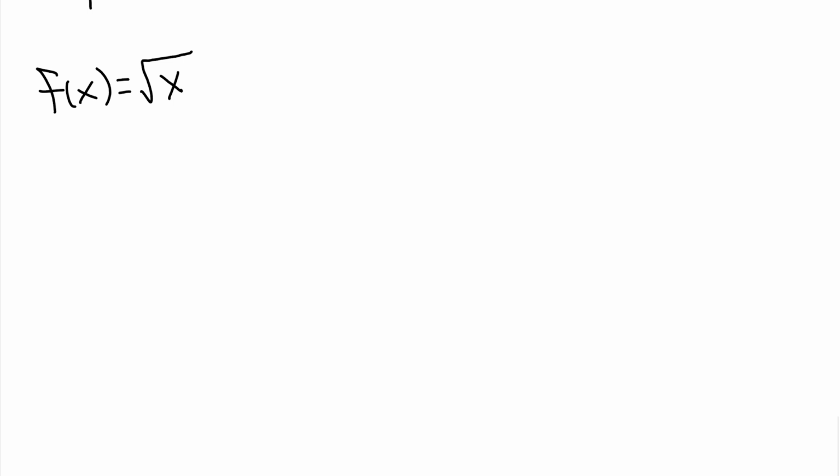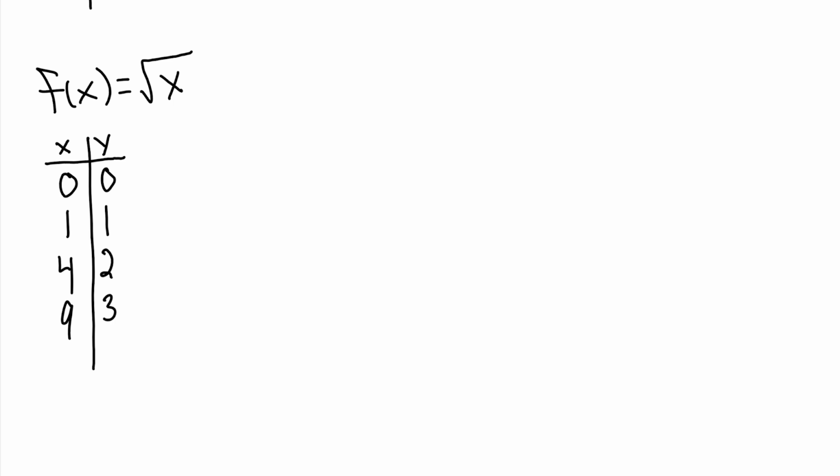Okay, so the square root function, this one is also one that has a domain issue, which is that you can't put in any x values that are less than 0. You can put in 0 itself, so 0 gives us 0. 1 gives us 1, square root of 1 is 1. Let's look at the perfect squares. The square root of 4 is 2. Square root of 9 is 3.